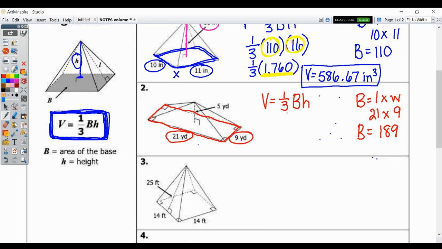Okay, so now I'm ready to substitute these values into my formula. I'm going to bring down this 1/3. My capital B was 189, so I'm going to substitute in 189 for capital B. And then I need to look at my height. Your height goes from the bottom of the pyramid to the very top point. That measure is 5, so I'm going to substitute in a 5 for the H. Just like last time, I can multiply this 189 times 5, and you get 945.